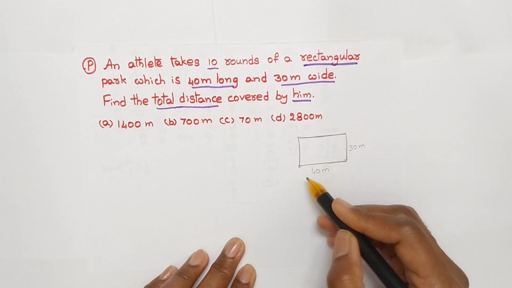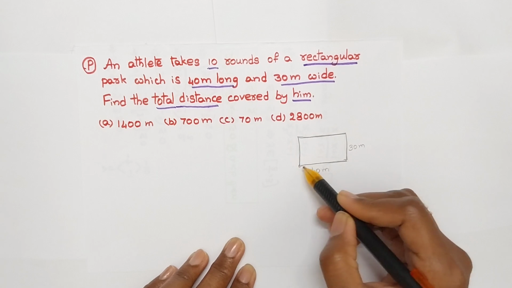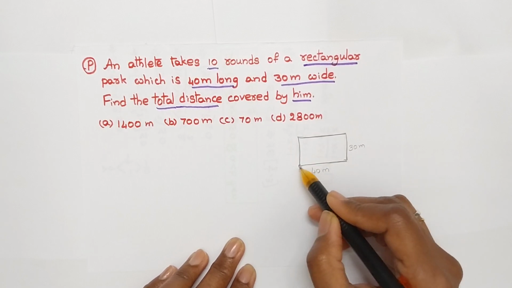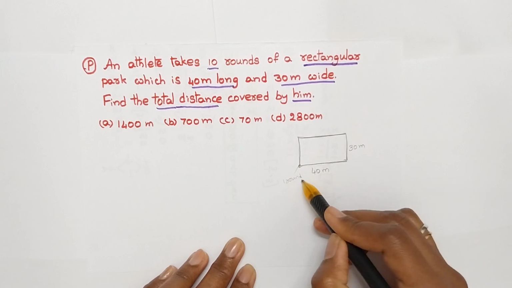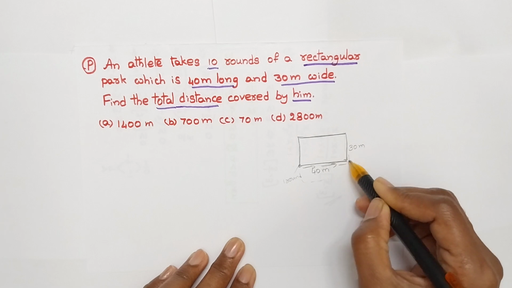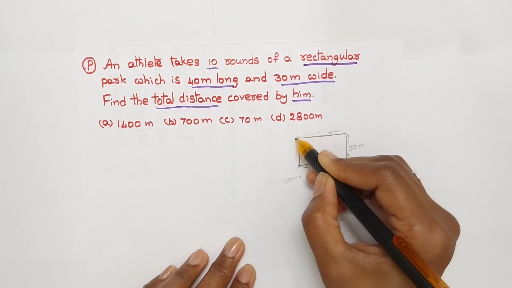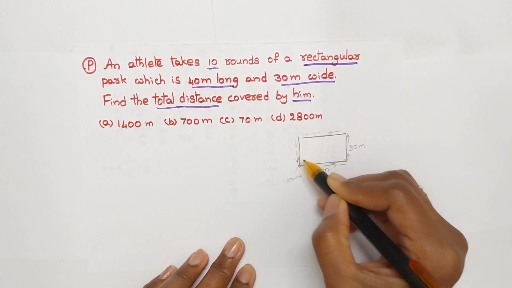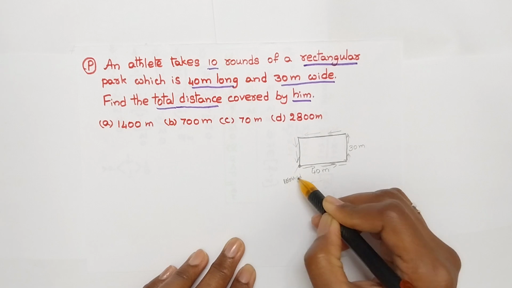So he starts from here and runs and comes to this end point. This makes one round. When he comes again to the starting point completely, this becomes one round.